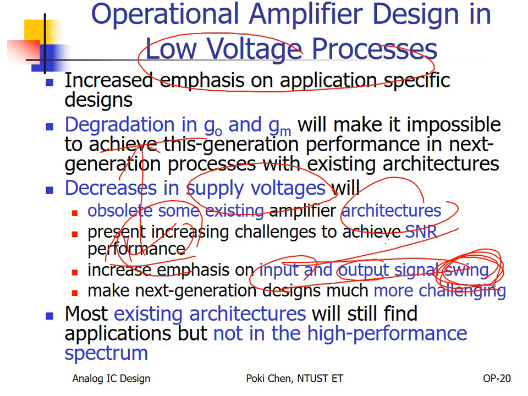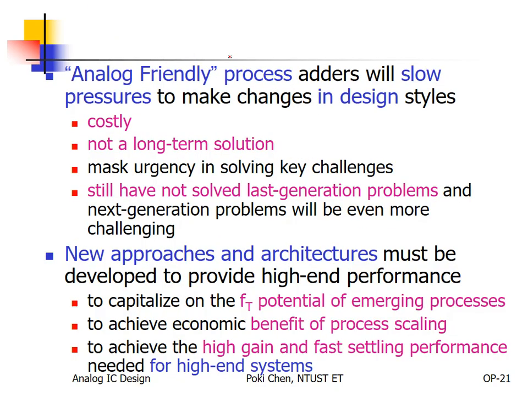So I need to warn you, many of the existing very good architectures cannot survive in such kind of very low voltage processes. Okay? And then we need to get help from the so-called analog friendly devices on your chip.